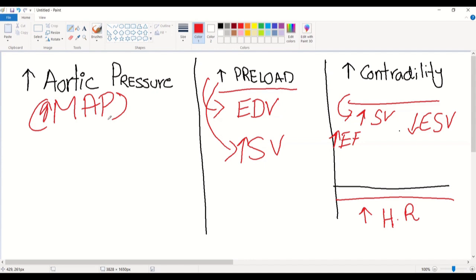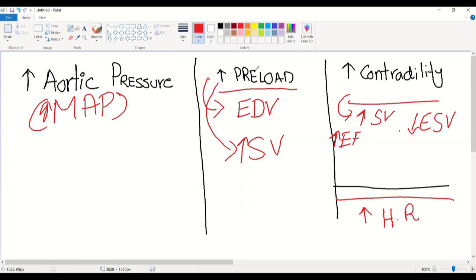They give you some drugs, give you some conditions, and they ask which thing is increased, which thing is decreased, right? That's why I am focusing on these things. Some of these concepts we already discussed in detail, but these are worth repeating concepts, so that's why I am repeating again and again, right?